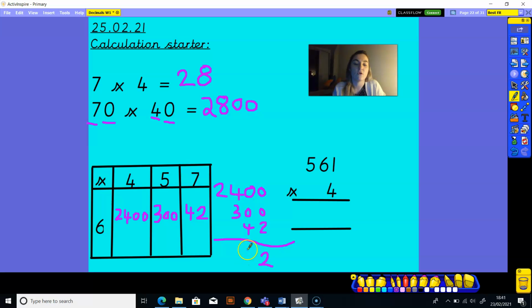And again, I've got 4, so 0 add 4 is 4. And then in my hundreds, I've got 400 add 300, so 4, 5, 6, 7. So it's going to be 700, so put that in my hundreds column. And then I'm left with the 2,000. So I've got 2,742.